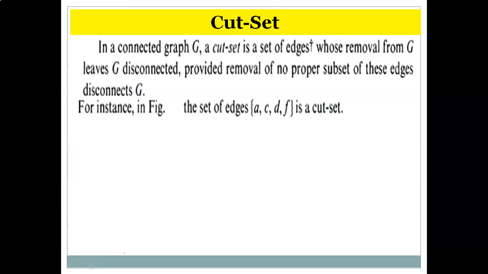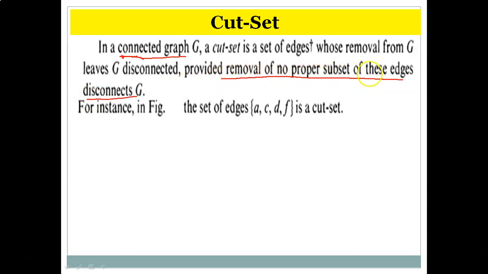So first we give the definition of a cut set. So what is a cut set? In a connected graph G, a cut set is a set of edges whose removal from G leaves G disconnected, provided the removal of no proper subset of these edges disconnects G. So this is the point to keep in your mind.